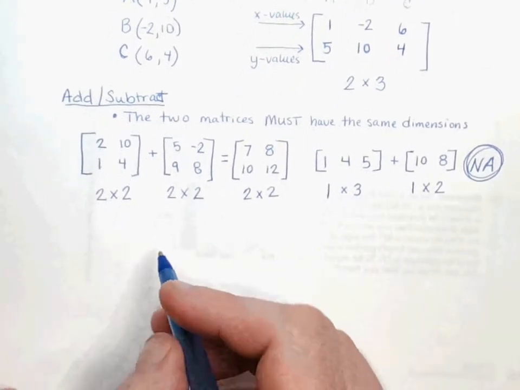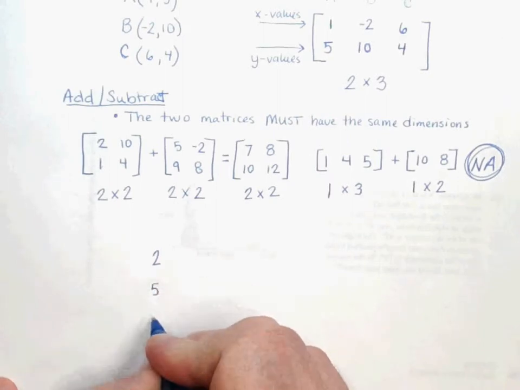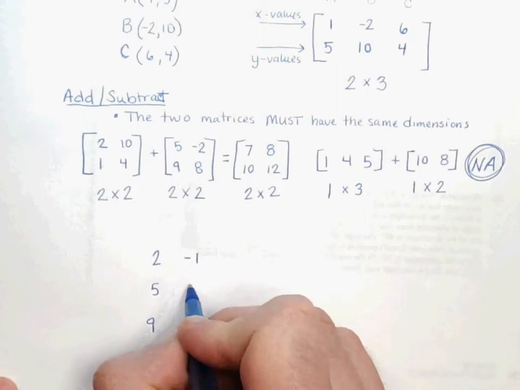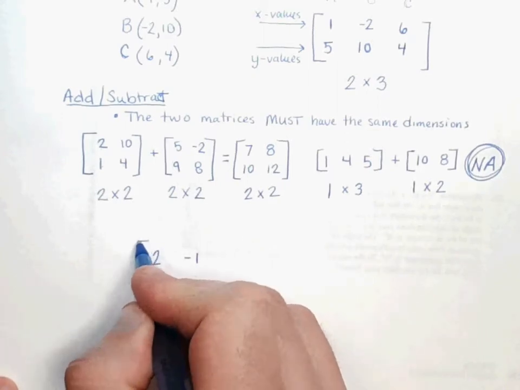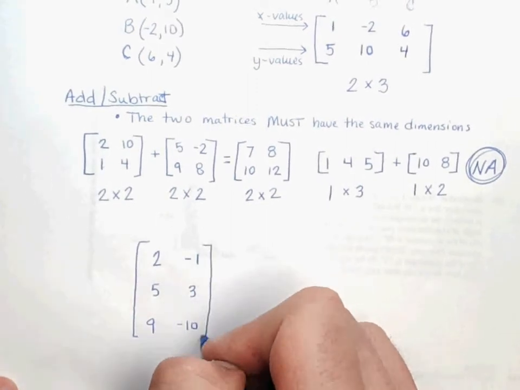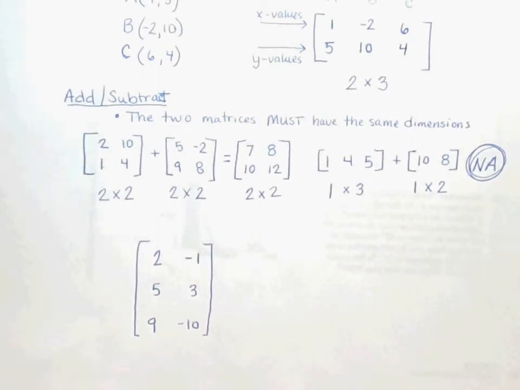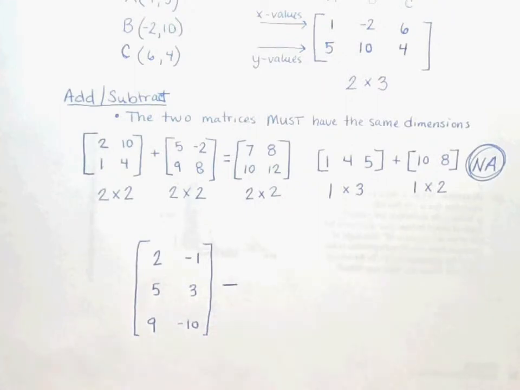Let's say we have this: 2, 5, 9, -1, 3, -10. We've got that matrix, and this time we're going to subtract.